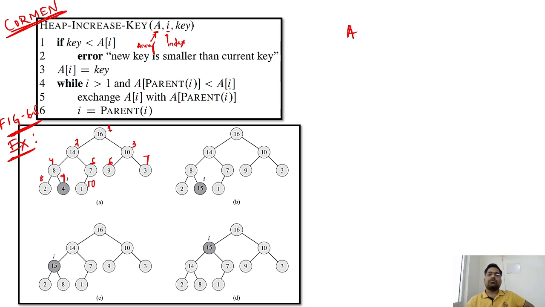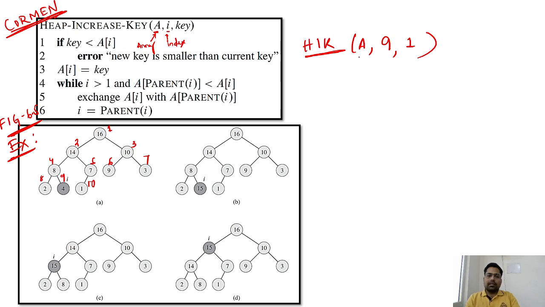The question could be: run the heap increase key where the array is given as A, and on the ninth place the key you are going to insert, index would be 9 and key would be 15. Suppose key would be 15, or suppose key 1 is given.